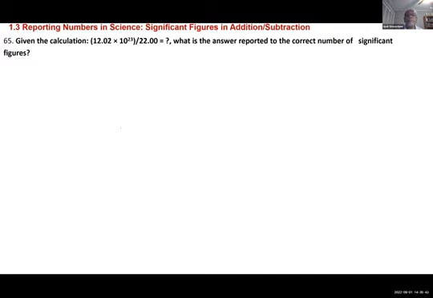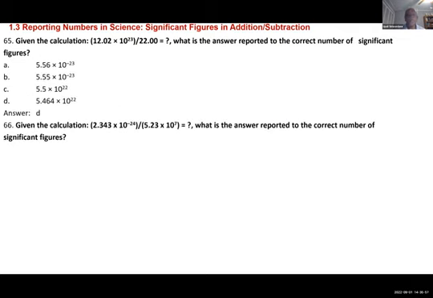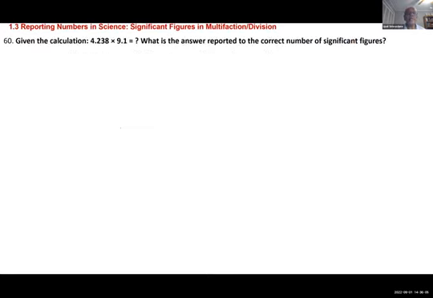Reporting science in addition and subtraction. Now we are going to multiplication and division. Let's do, I'm going to come back to this. This is multiplication and division. In this case, you get the calculator number.